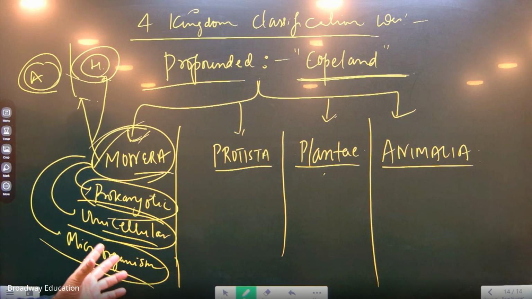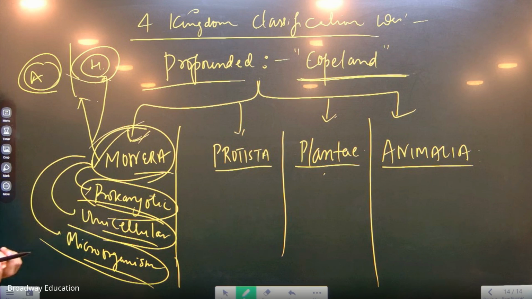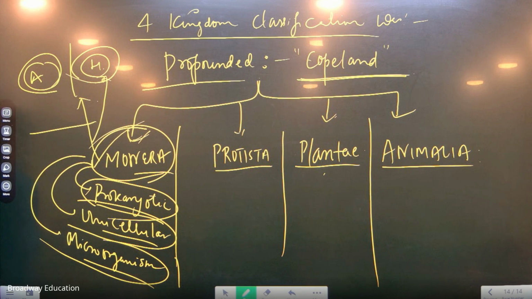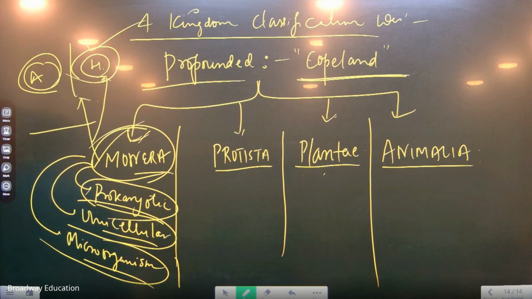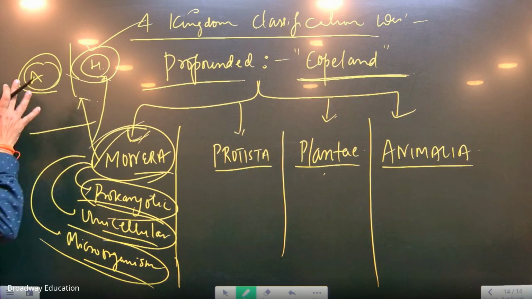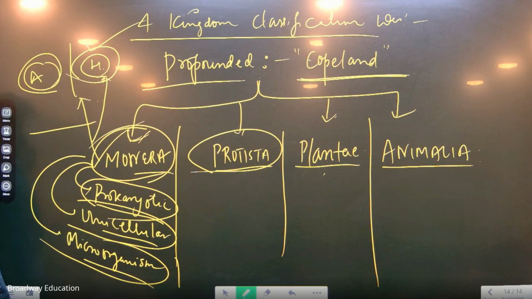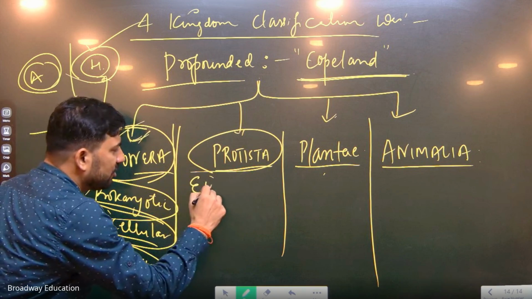Now moving ahead, if they ask you whether Monera or bacteria are only autotrophs, statement right or wrong? Wrong. Why? Because they can be heterotrophs also. Crystal clear, everyone? Now after this, Protista. Protista is also unicellular. There is not much difference between this and this. But the major difference is, you know what that is? It is a prokaryote. It is a eukaryote.